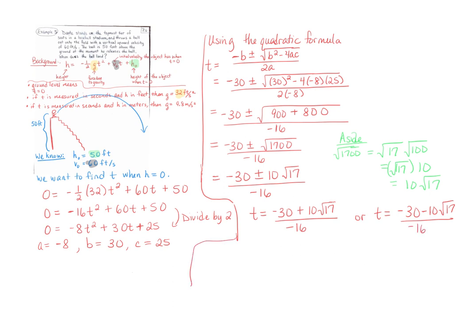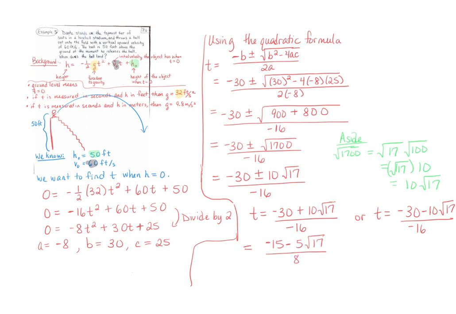So now we just solve each. So this, notice that there's a 2 in negative 30, 10, and negative 16. So we get this would be negative 15 minus 5 times the square root of 17 all over 8.